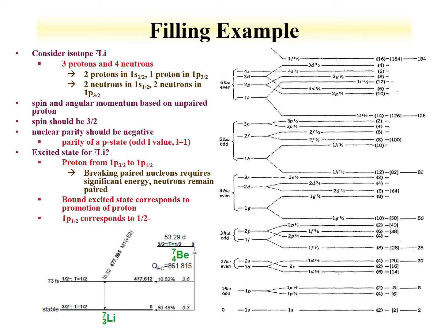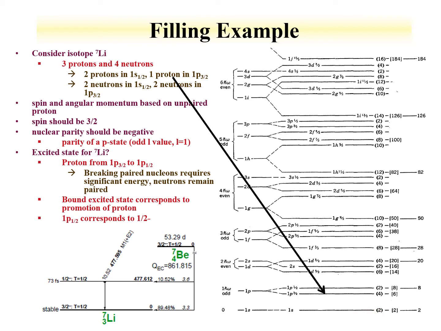Let's consider lithium-7. 3 protons, 4 neutrons. The proton number is odd, so the odd proton is going to define the behavior of the nucleus. This one unpaired proton, the 3rd proton, lives in this 1p 3/2 level, because I can put 2 protons here, and the 3rd one is here.